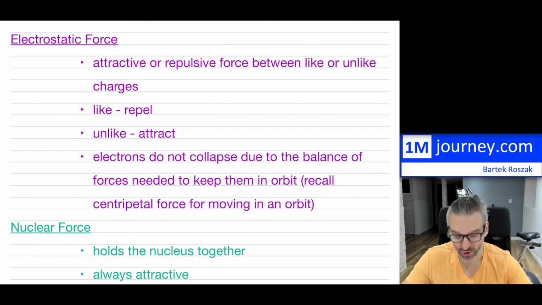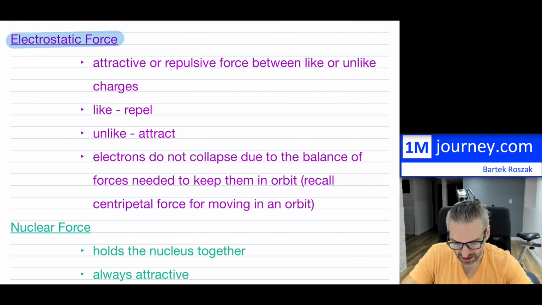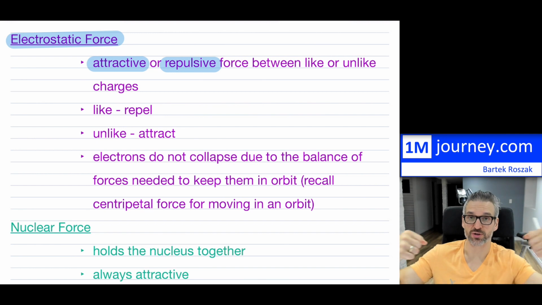Now, one of the forces, which is a key force, is known as the electrostatic force. This particular force is either attractive or repulsive. So it is a force which either attracts or repels.